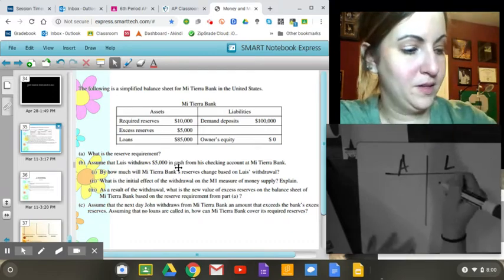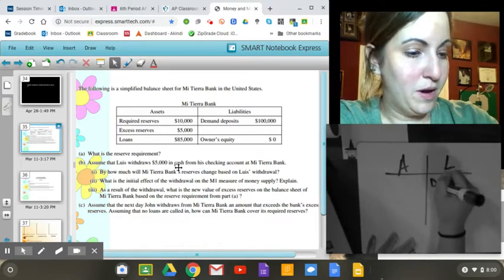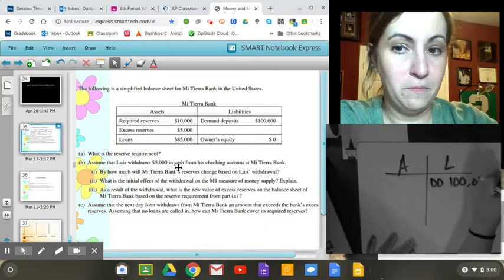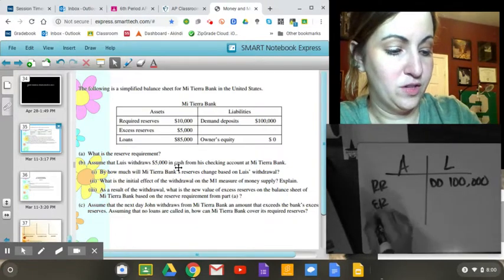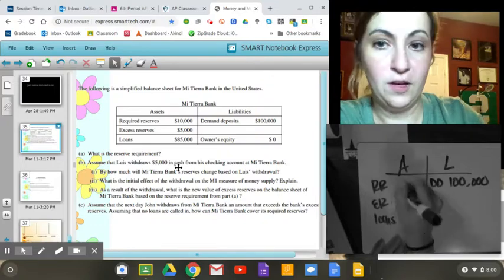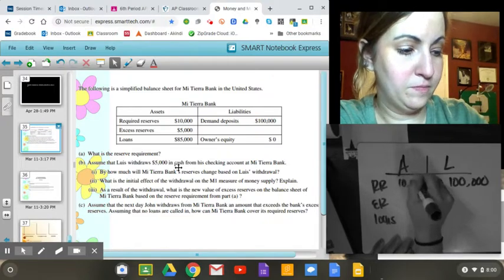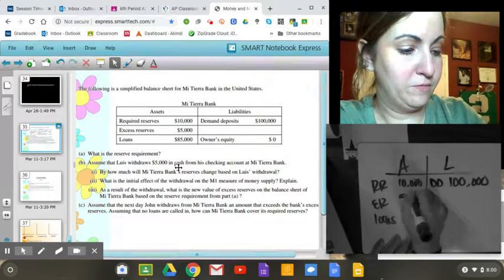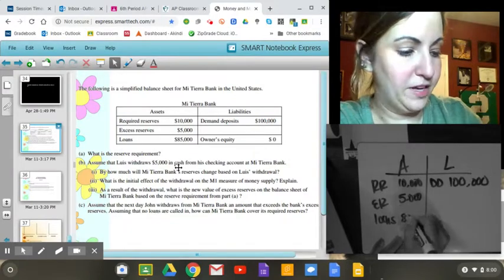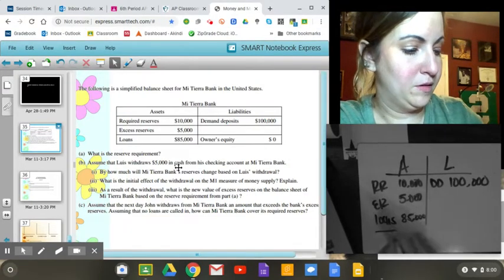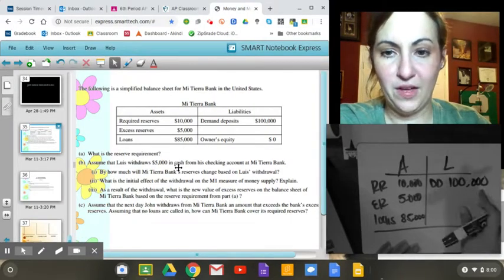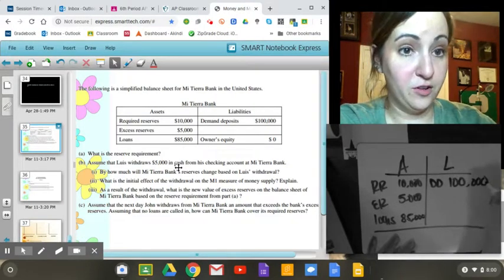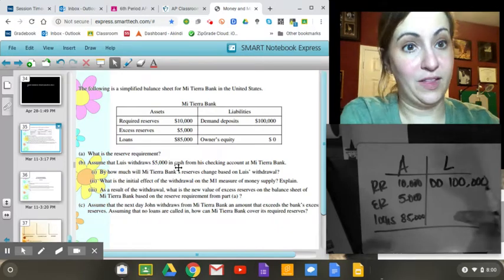Okay. So demand deposits of $100,000, required reserves, excess reserves, loans. We have 10,000, 5,000, 85,000. Okay, so if someone comes in and they withdraw $5,000, then $100,000 is how much is deposited.